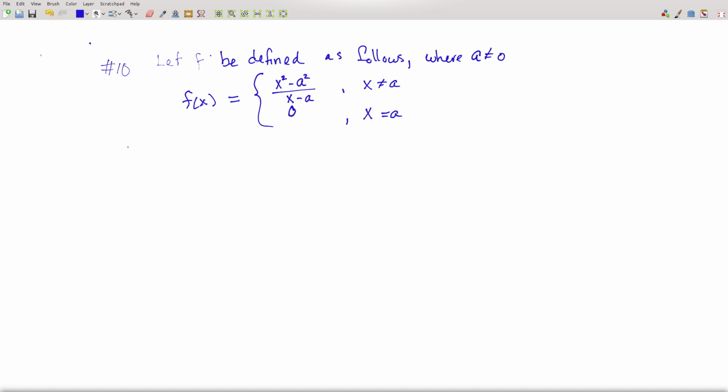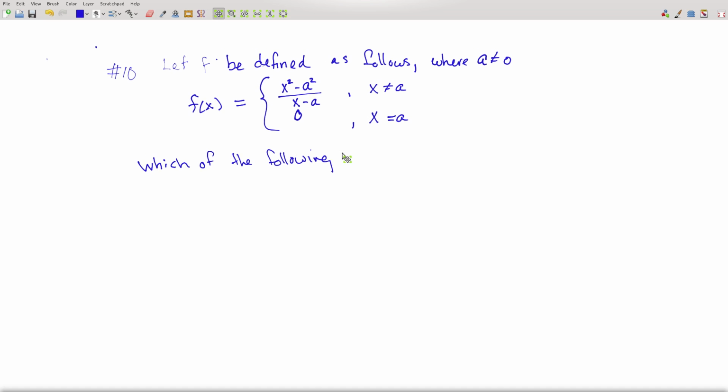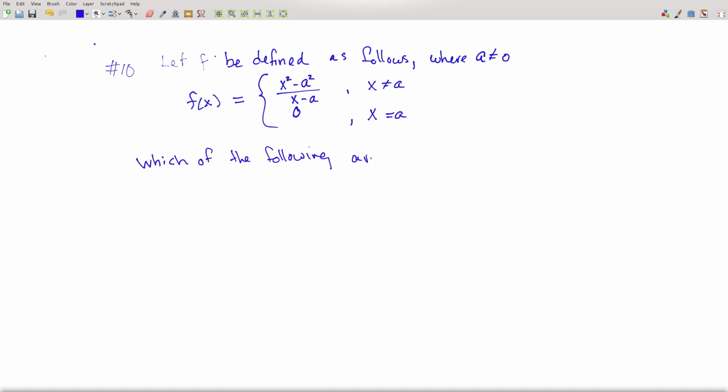Now it asks us, which of the following are true? This type of question is not the same as a multiple choice question. I'm not asking of these which is the single one that is correct.